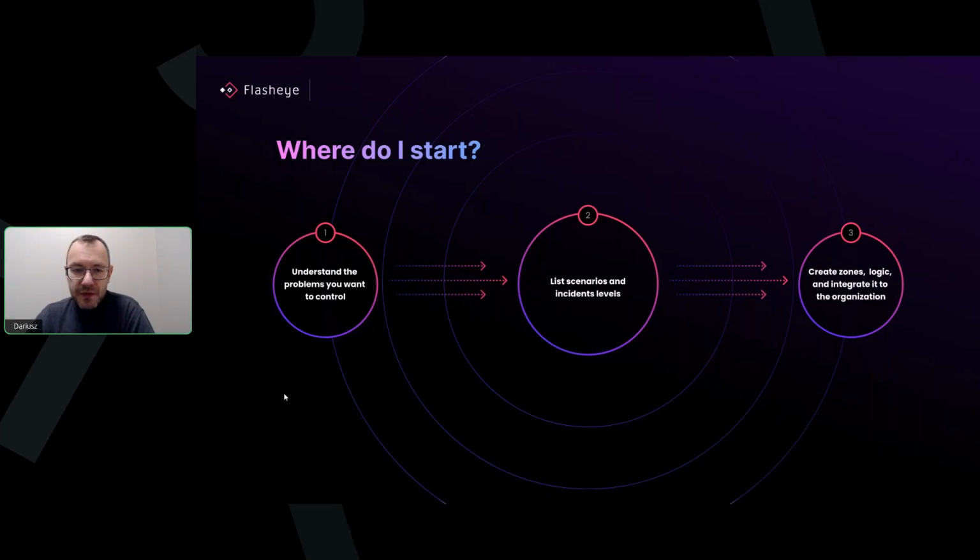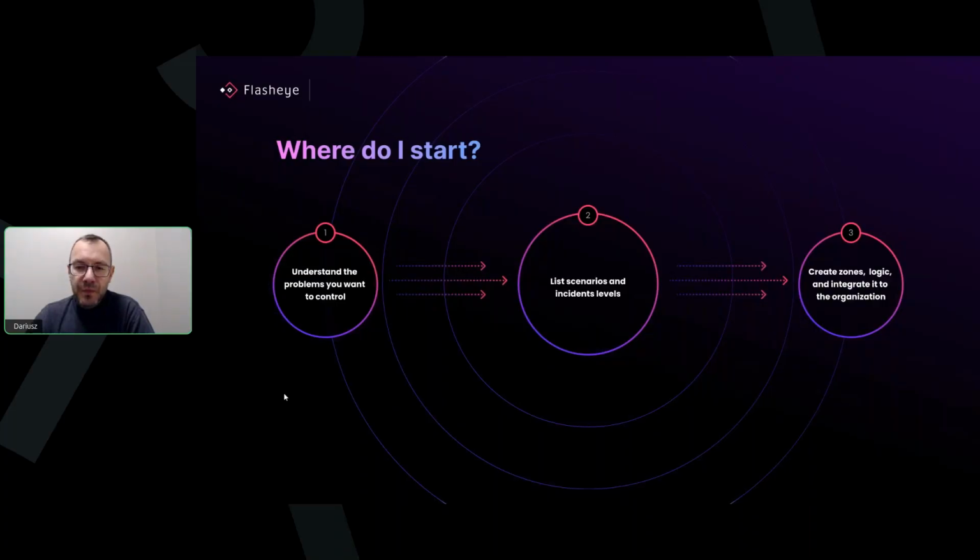Also, a very important thing is to list scenarios and incident levels: something which is natural for this use case, something which is not natural but not dangerous, and also something which is critical to detect right away and inform right away, with the highest alert level.